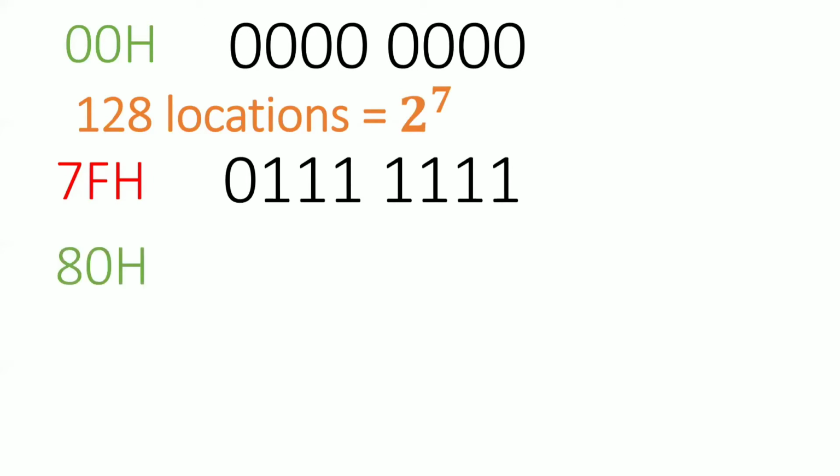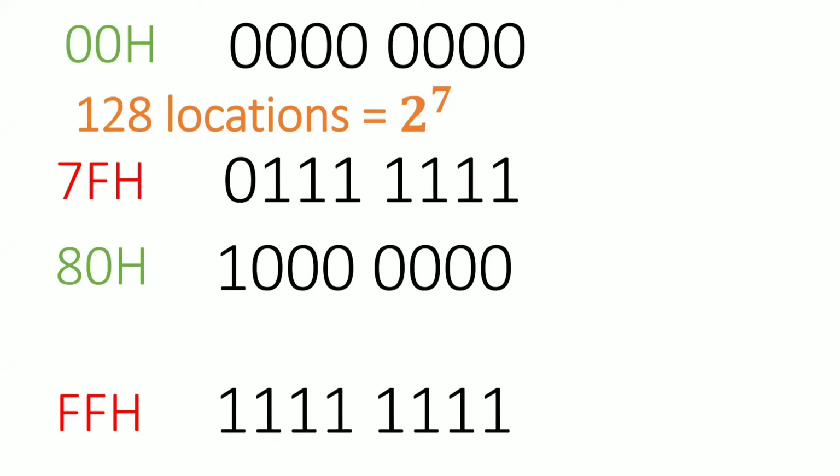That means we are wasting the remaining addresses, from 80 to FF. Actually, we are not wasting them, because these addresses are given to your special function registers. 1 followed by 4 zeros is your 80, and all ones, 4 ones and 4 ones, is your FF.